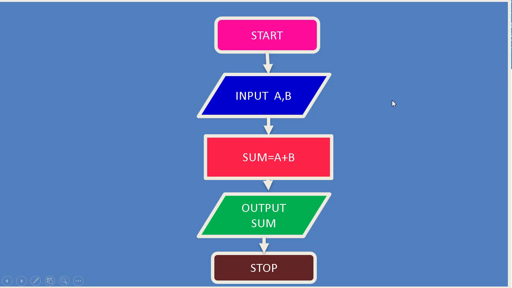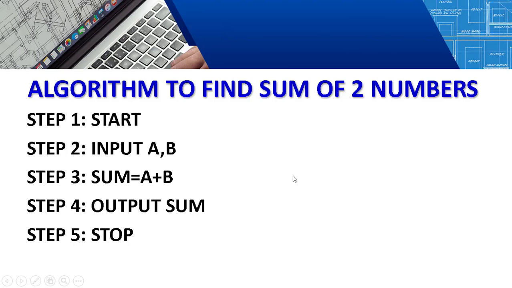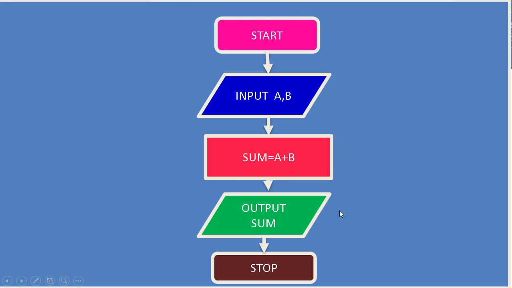For example, if you input A is equal to 5 and B is equal to 2, 5 plus 2, 7, will be stored in sum. Finally you have to output that sum. The final result will be stored in sum, and finally you stop the process. This is how a flowchart has to be drawn. It's a diagrammatic representation of the algorithm. So what we write in our algorithm, the same thing we represent in the form of a flowchart, in a diagrammatic representation.